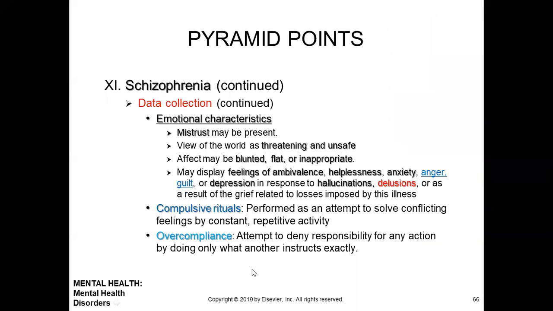What next? Emotional characteristics. For a patient diagnosed with schizophrenia, it is very difficult to make them trust. They do not depend on someone. So mistrust may be present. So as an RN, when you work with them, it is very important to build a trusting relationship. They view the world as threatening and unsafe.